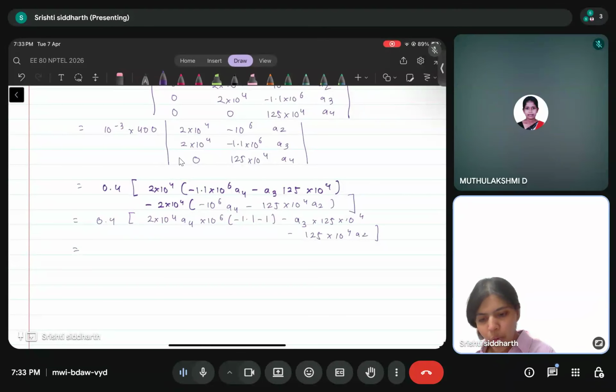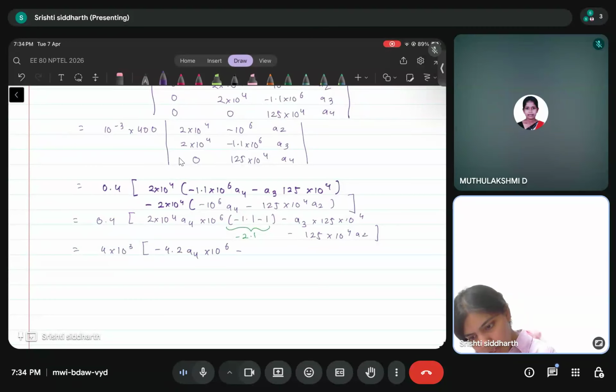So 0.4 into 10 to the power 4 will be 4 into 10 to the power 3 into A4. So I think this is minus 1.1. This is minus 2.1. You can multiply this by 2. This is minus 4.2 A4 into 10 to the power 6. And we have minus A3. So 125 A3 minus 125 A2.